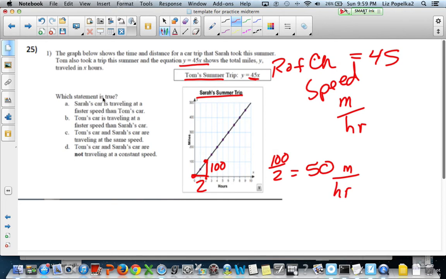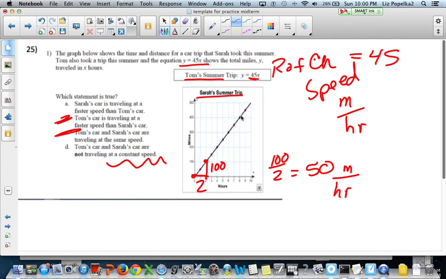I'm pretty sure that's right, but let's double check and make sure none of the others are right. Tom's car is traveling at a faster speed. Nope, because he's 45, she's 50. Tom's car and Sarah's car are traveling at the same speed. Nope. Tom's car and Sarah's car are not traveling at a constant rate of speed. Constant rate of speed means that every single hour they're traveling the same amount.